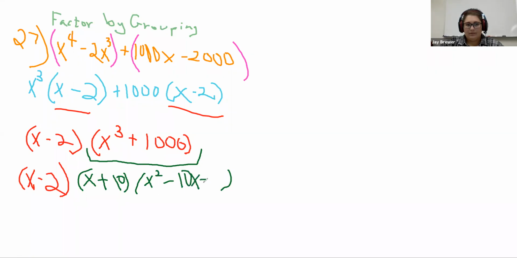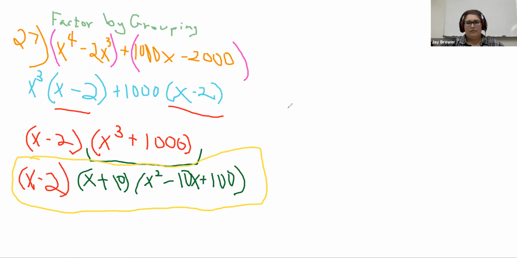And then it's plus the second one squared, so 10 squared gives me what? 100. There we go. Okay, so this entire thing is your answer. Looks a little bit like Christmas.